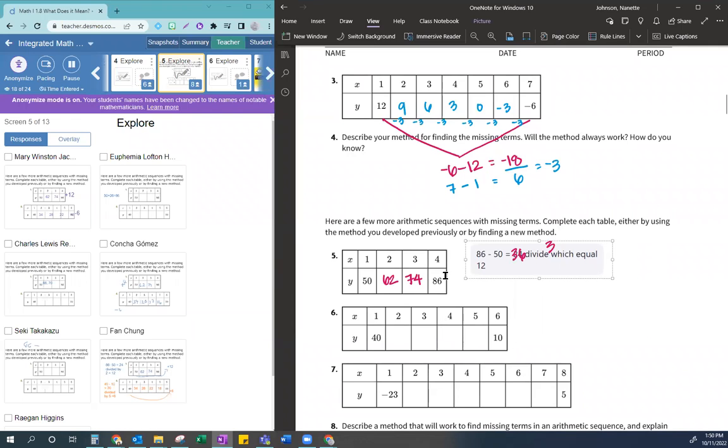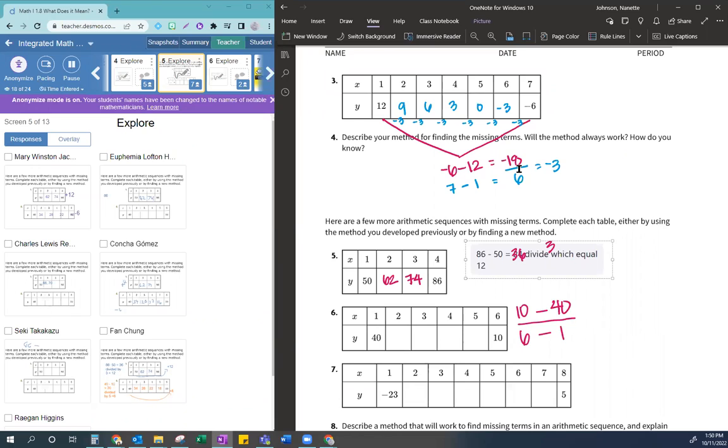So go ahead and finish the rest of these. And I hope that makes sense. Let me show you just using the slope formula. If you were to use the slope formula, it looks like this. It's y minus y over x minus x. So I'm going to go with 10 minus 40 divided by 6 minus 1. So what is that?